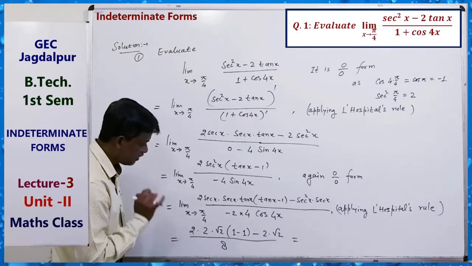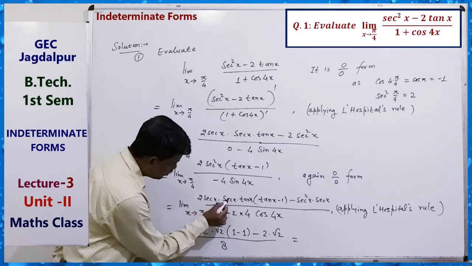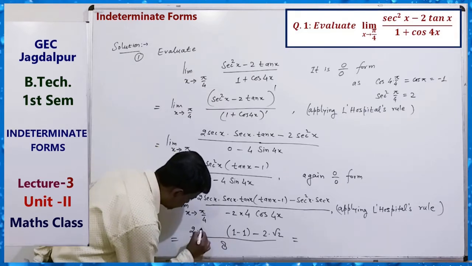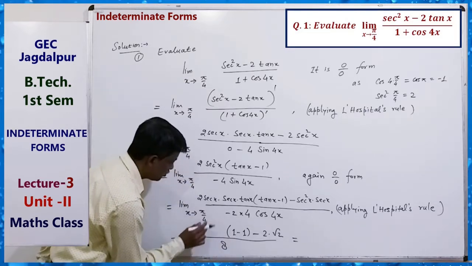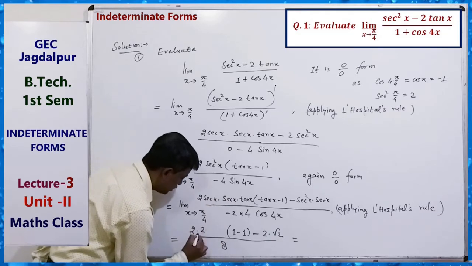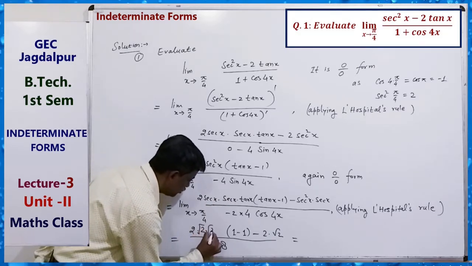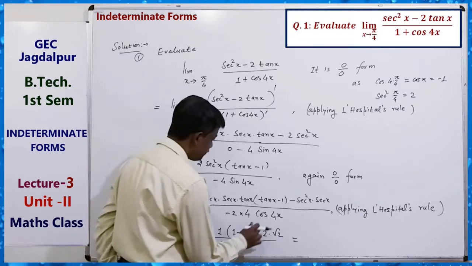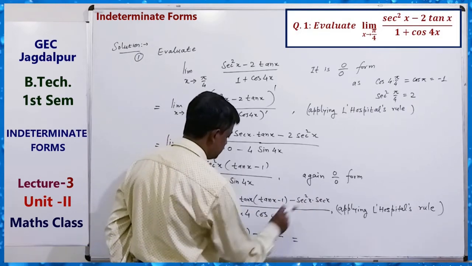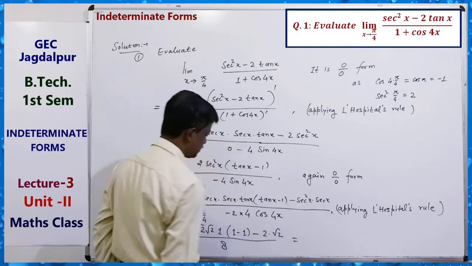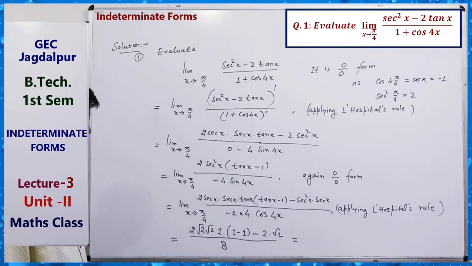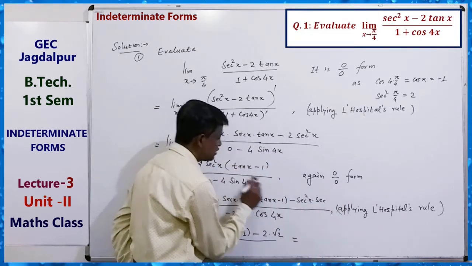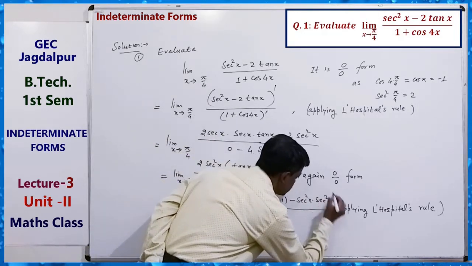Okay, so here root 2, root 2, the root 2, 1. So we can write like this. Here sec square x and sec x. Just differentiation of tan x is sec square x.